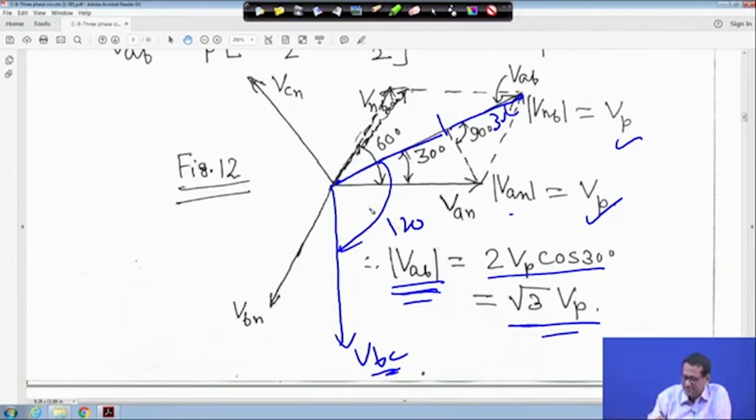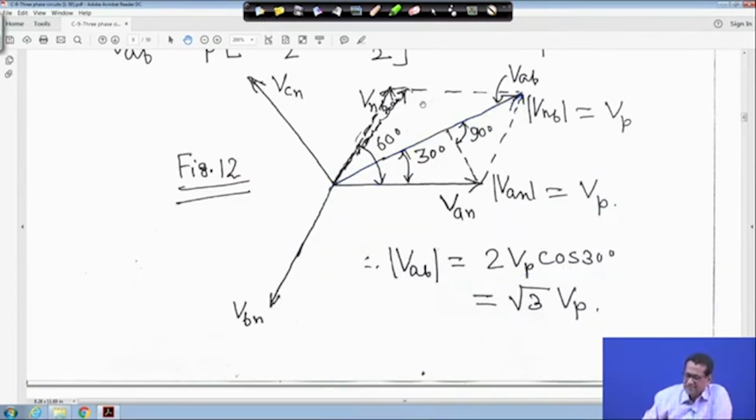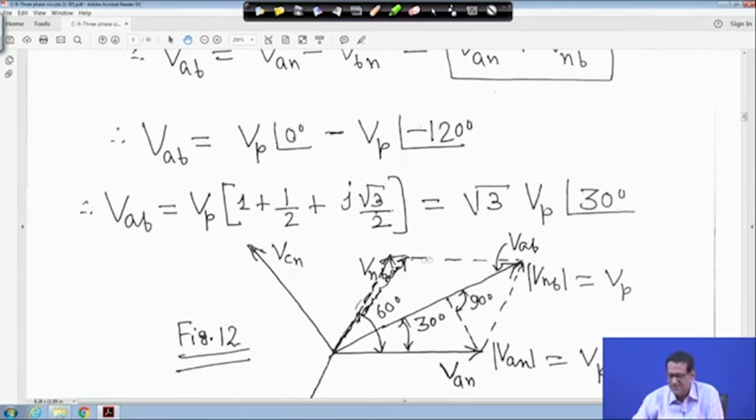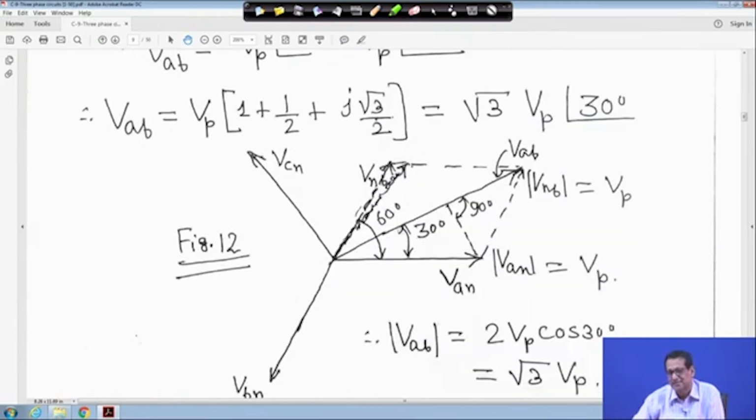VBC is lagging VAN by 90 degrees, right? So VAB is equal to root 3 VP angle 30 degrees. This is using the phasor relationship, and this is from the phasor diagram. Both are the same, right?